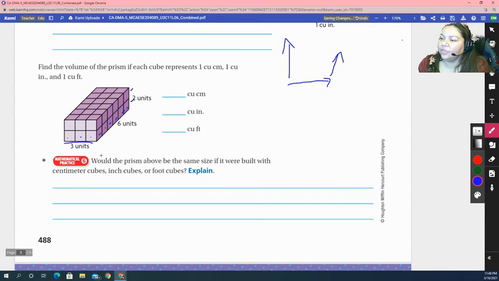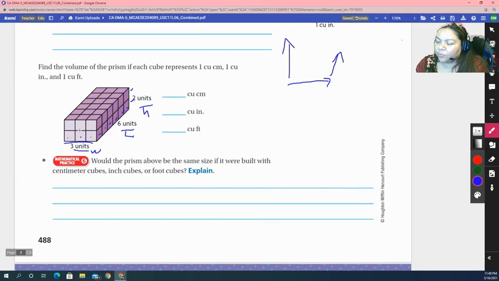So we have length, width, and height. If you switch these up, it doesn't matter. If you switch length with width, it doesn't really affect it, because to figure this out, you could count 1, 2, 3, that's 3 units, 4, 5, 6.